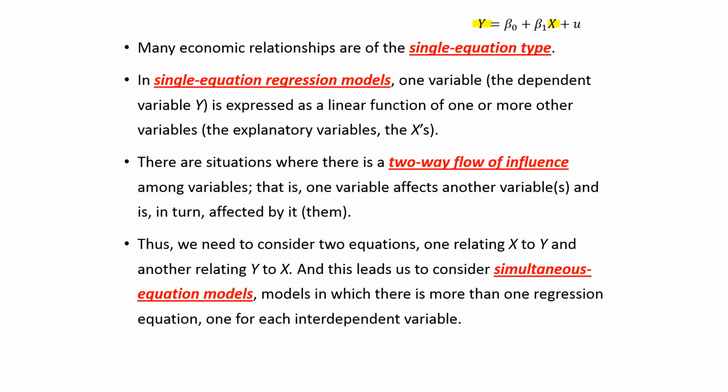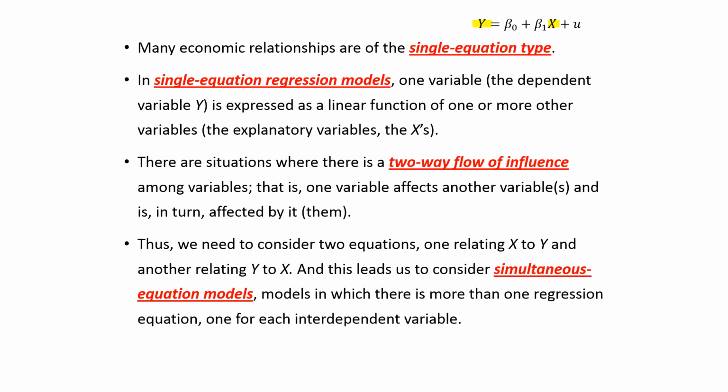In a single equation, we have just one-way flow of influence where x influences y. But in a two-way flow of influence, x may affect y and y may affect x.